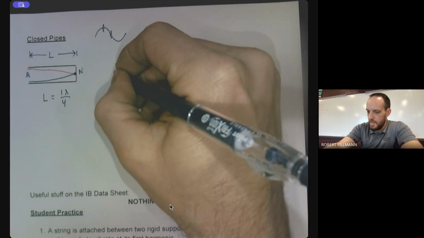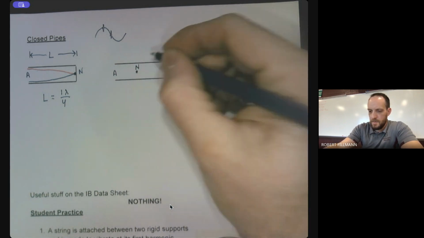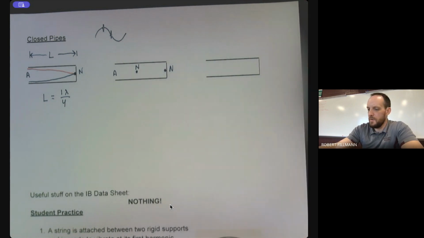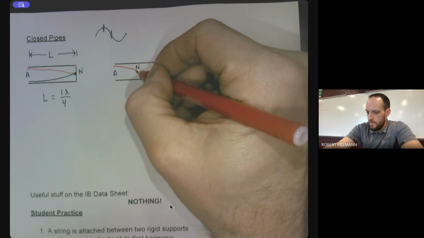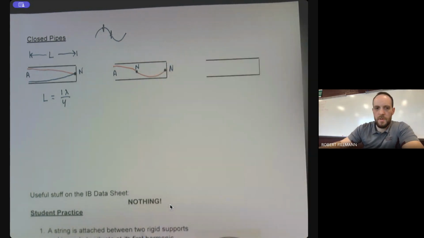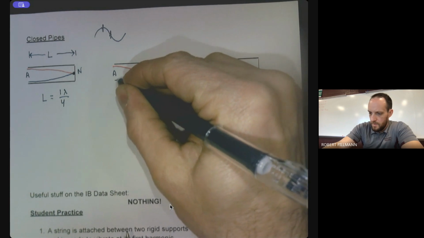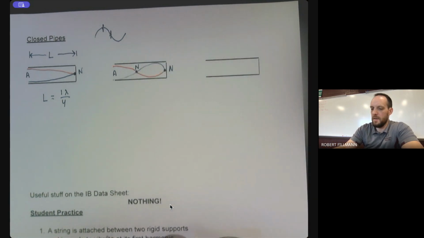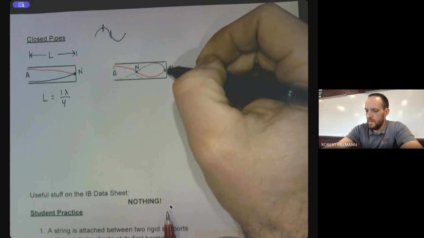So we got node, antinode. Just plop another node in there. So all you do to go up a harmonic is throw another node in. We go through this node and then to this one, and like so. Here's the next one in the pattern. So how much of a wave are we looking at there? This is a little bit tricky here. So we're going from crest to trough and then back to equilibrium again.